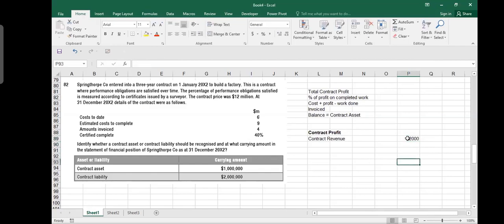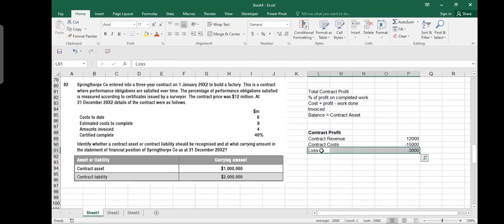And then you say contract cost. And in this question, contract costs are very simple, given. They told you contract costs are 6 plus 9. So that's going to be a loss. Okay, that's interesting. So this is what you expect. You expect a loss here.